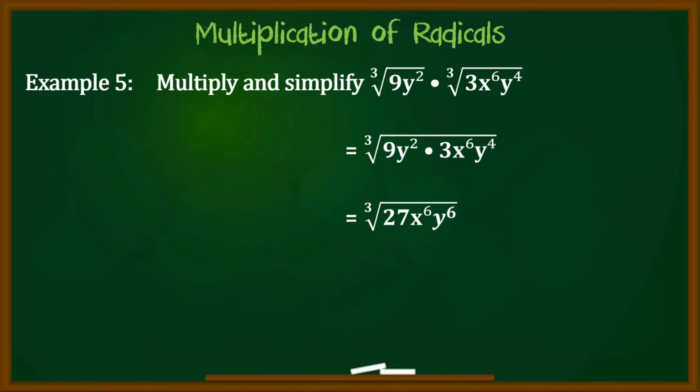Therefore, we have the cube root of 27x raised to the 6th power y to the 6th power. Now extracting the cube root of the given radicand, we have 3x squared y squared for our final answer, since all the radicands are perfect cubes.